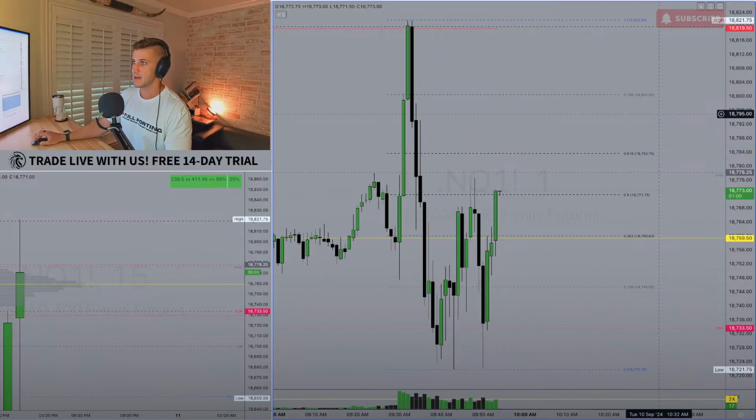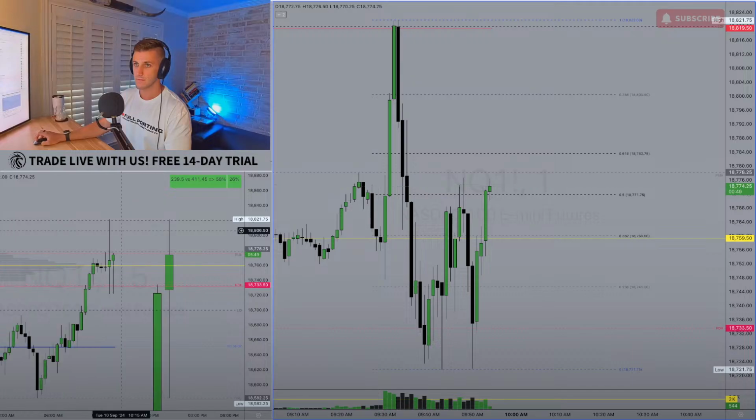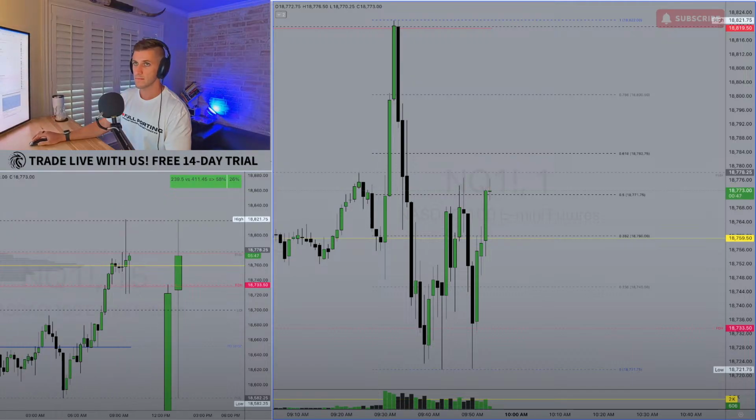There's NQ back into that pre-market high. Let's see if it can break this kind of lower high here intraday. Tested to the tick.